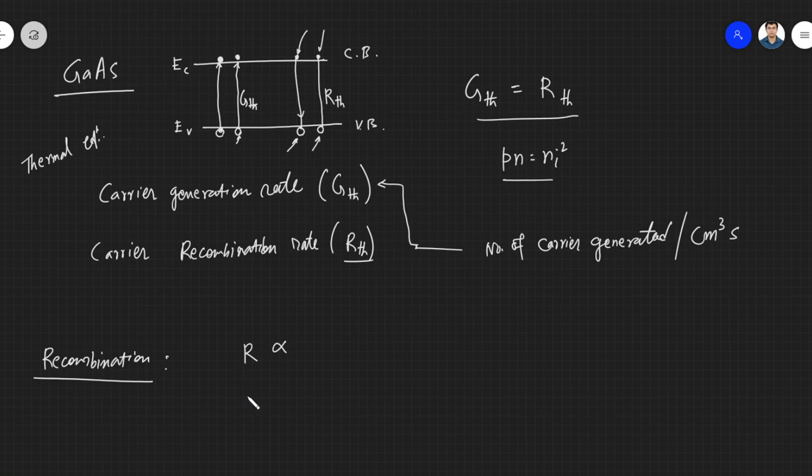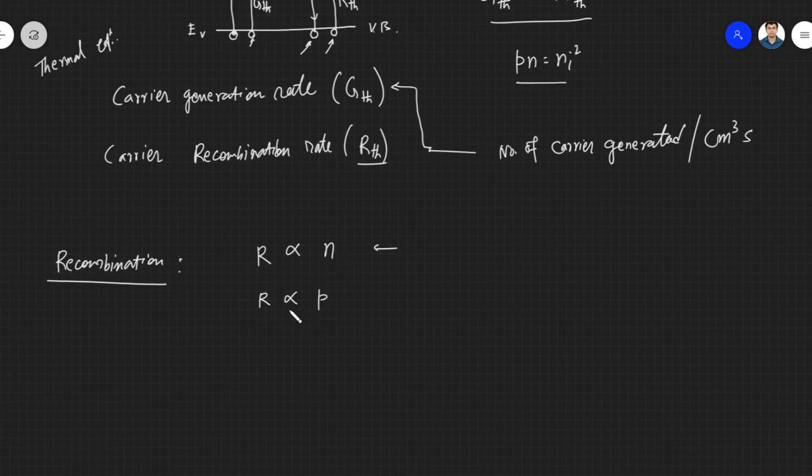It could be at thermal equilibrium, it could be at a non-equilibrium condition, like with light, maybe there is a carrier injection in the system. But this recombination rate is proportional to small n, the concentration of electrons in the conduction band. And also R is proportional to the concentration of holes in the valence band. It's all probability, right?